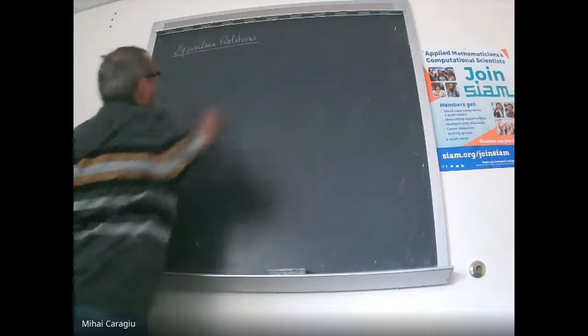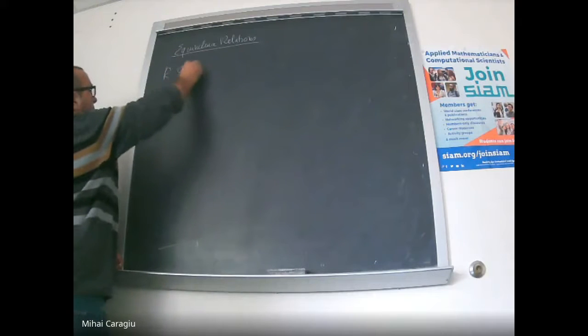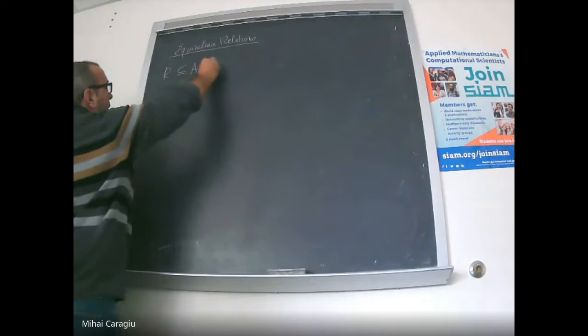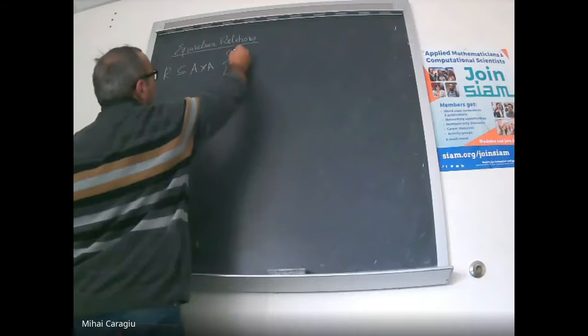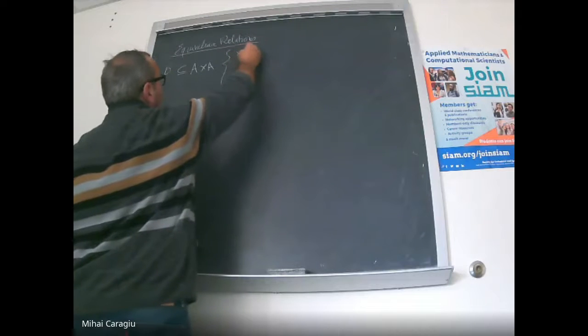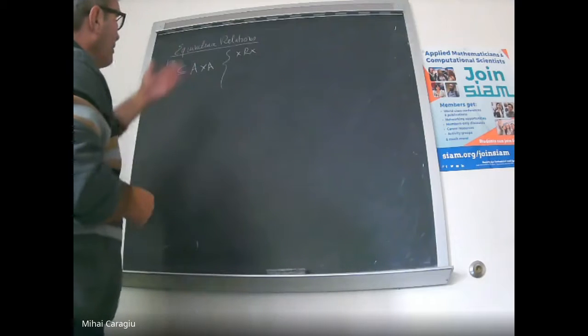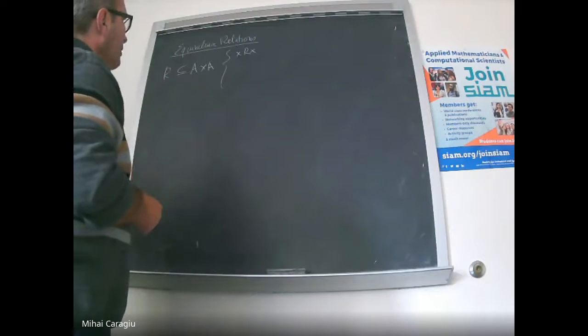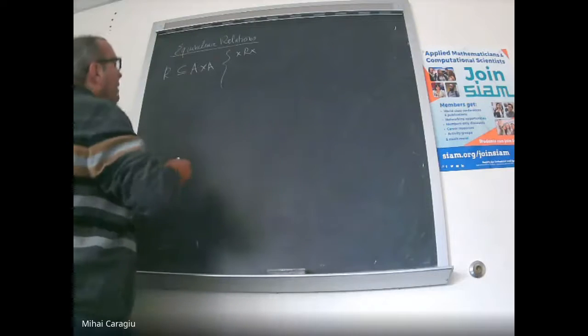So an equivalence relation is a binary relation R, a subset of A cross A, where A is a set, with the following properties. Reflexive: x R x for all x. We have to understand that all these three formulas are universally quantified, so for every x, x R x.